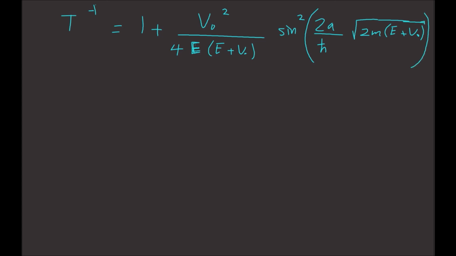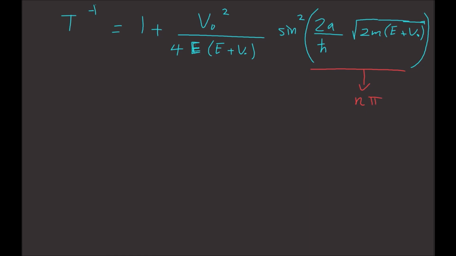If we look at this sine term, every time this sine term is 0, we have the transmission coefficient equal to 1, right? So this sine is 0 every time this term is equal to n times pi, right?